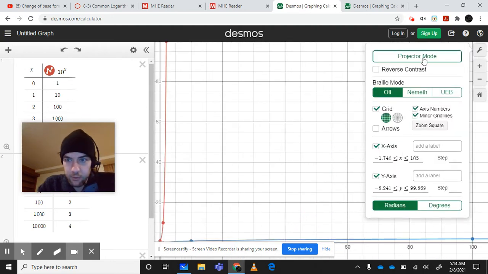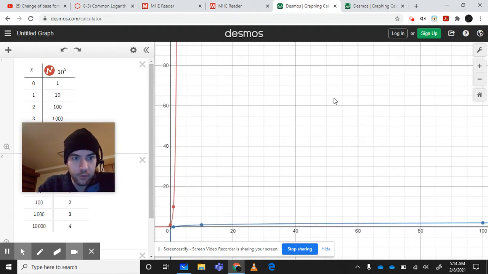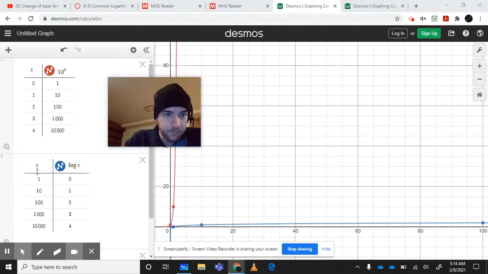On our inverse graph, we have all those same points, but in reverse. So when our x value is 1, so not our output, but our input is 1, our output is 0. When our input is 10, our output is 1. When our input is 100, our output is 2. So when we're looking at the exponential graph, what x represents is the exponent.